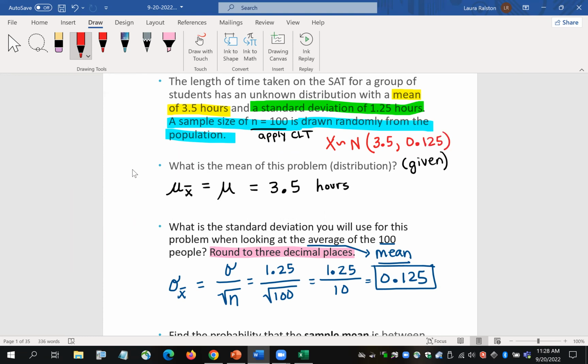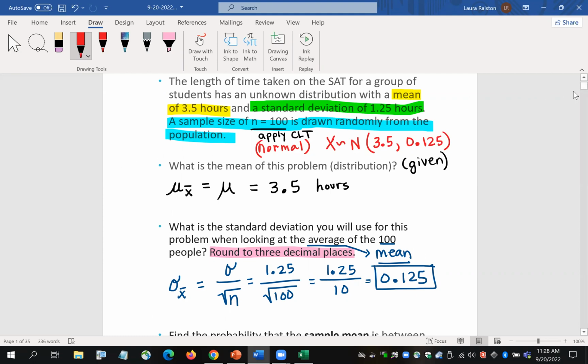So because I've applied the central limit theorem, I know that the resulting distribution is normal or bell-shaped. So I solve the problems just like I did before with a normal distribution, using the adjusted, as we call it, the adjusted standard deviation.